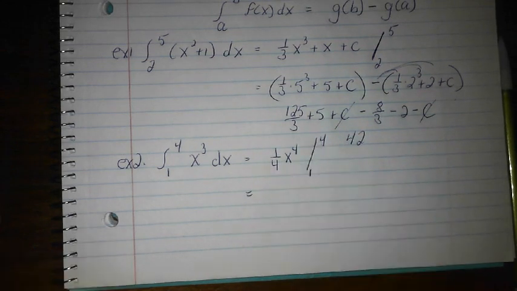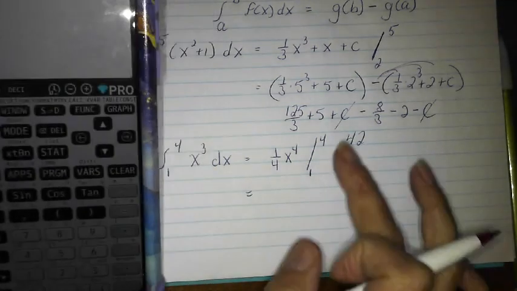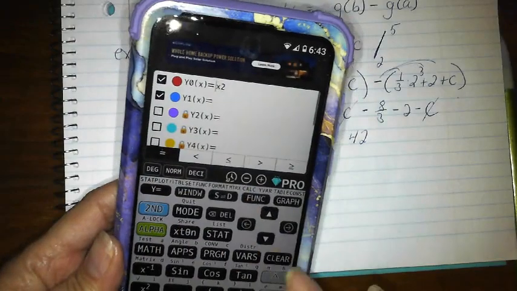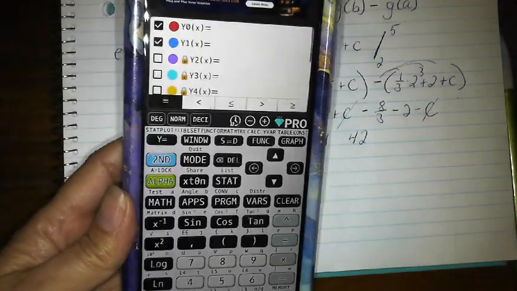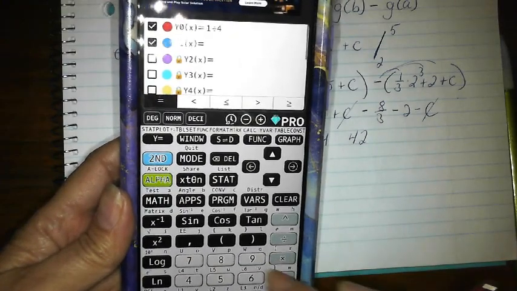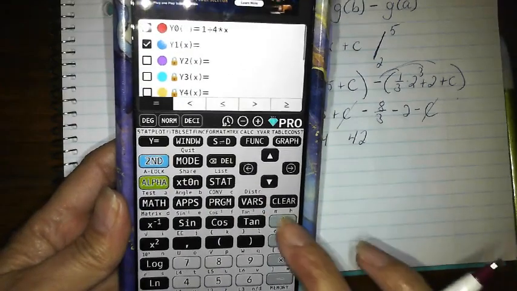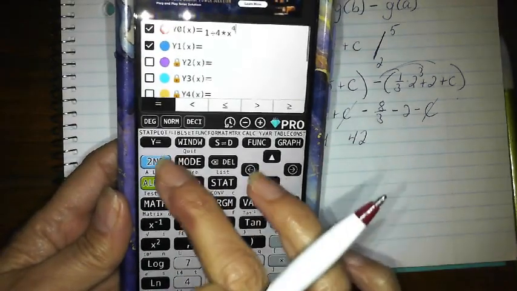Doing the 4 first. So here's where, and this is an easy equation, you wouldn't have to use the table, but when the equation gets long, I would go to your y equals, type it in. It's 1/4 times x to the 4th. We're going to go table set.